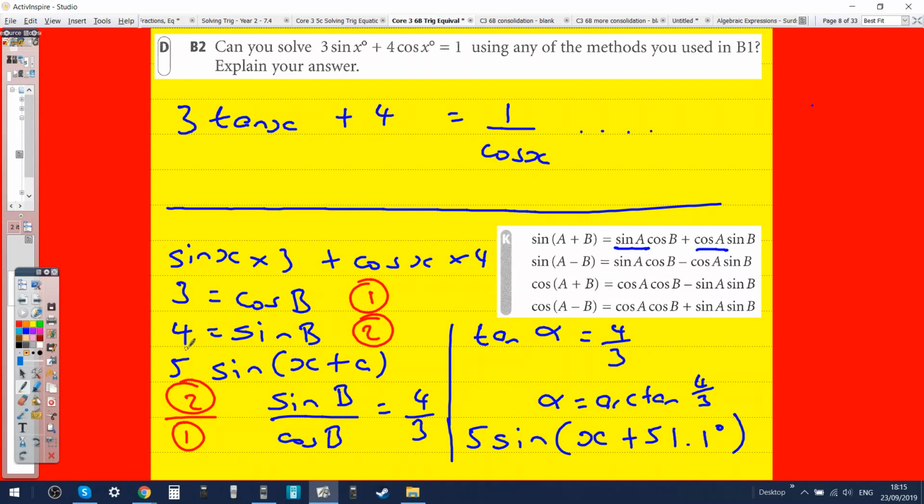But I would say big picture is you can't solve this using the old method. You have to solve it by first putting it into the form of a compound angle, and then you can solve it.